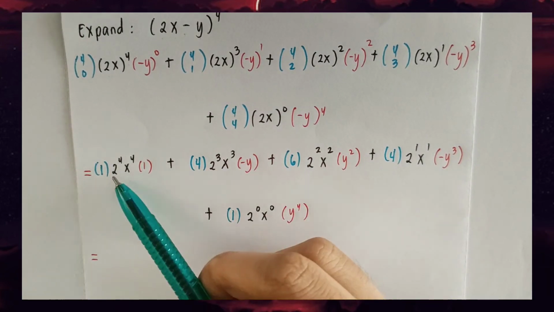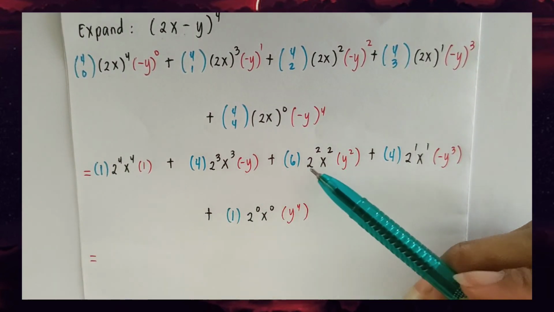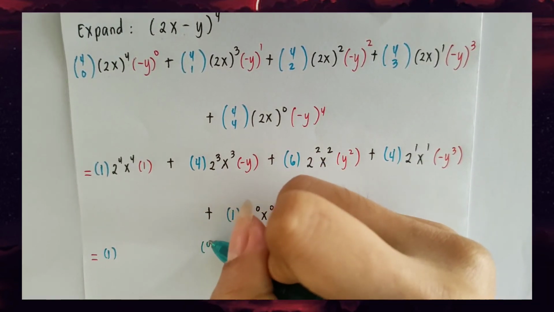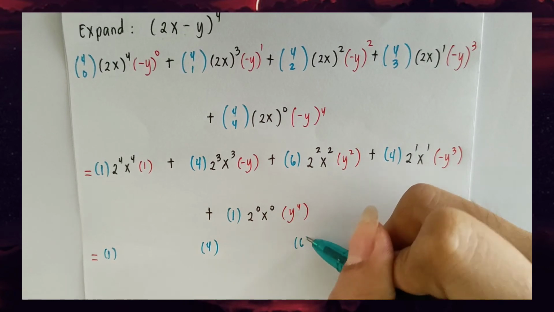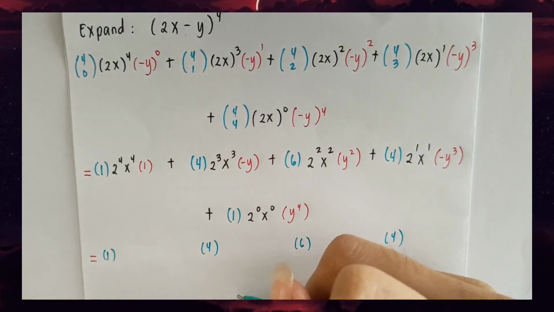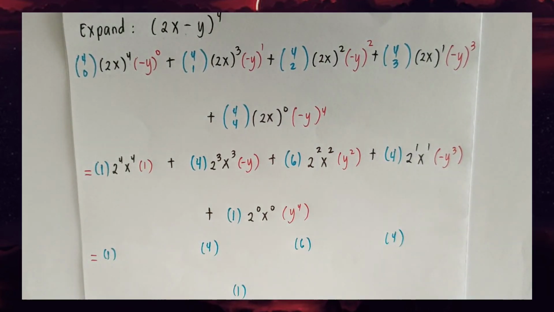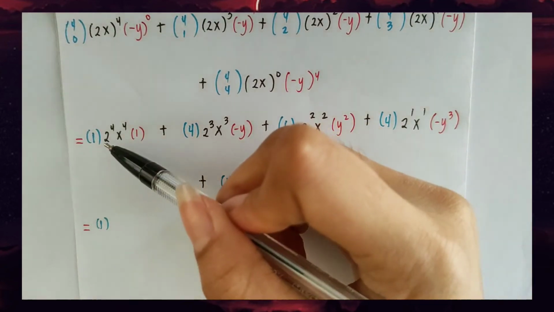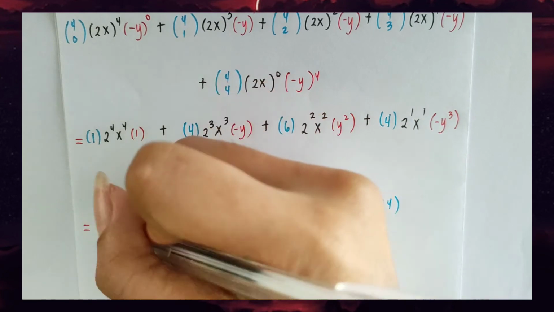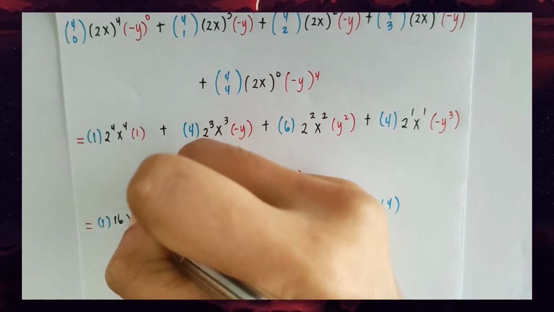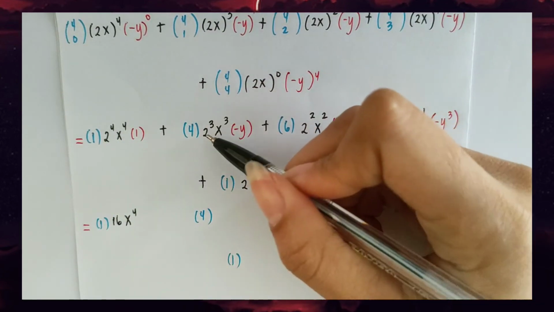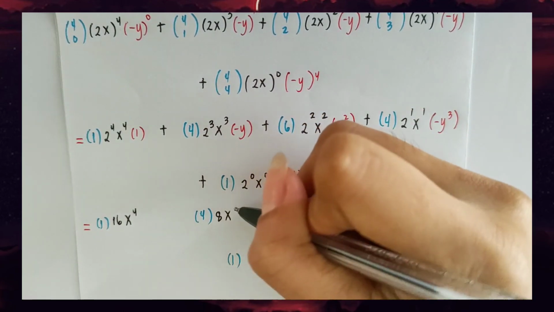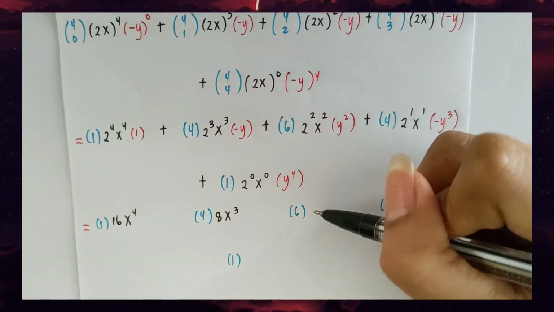Before that, let us first simplify the terms here. So, copy the coefficients 1, 4, 6, 4, and 1. Let me show you the steps here one by one. Okay, 2 raised to 4, that is 16. And then copy x raised to 4. 2 cubed is 8. Copy x cubed. 2 squared is 4.